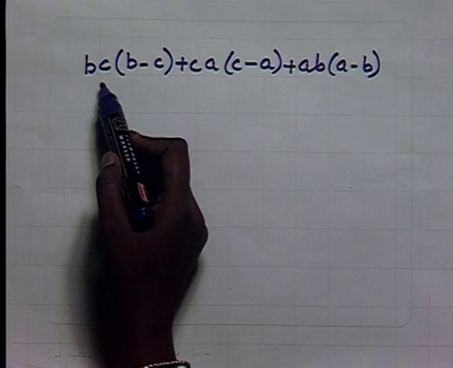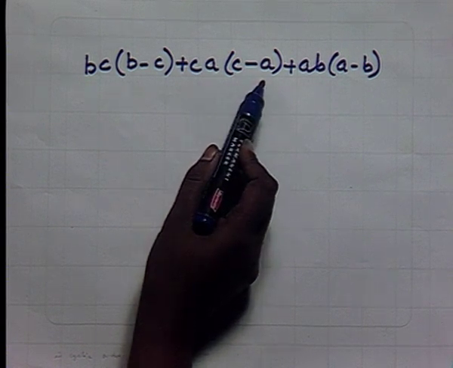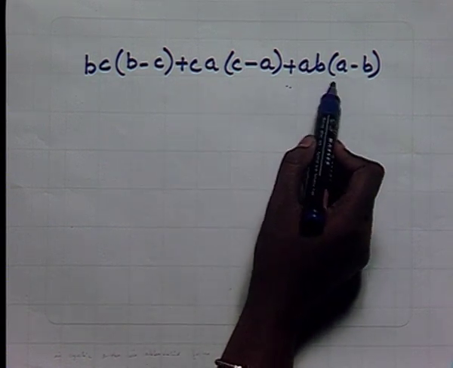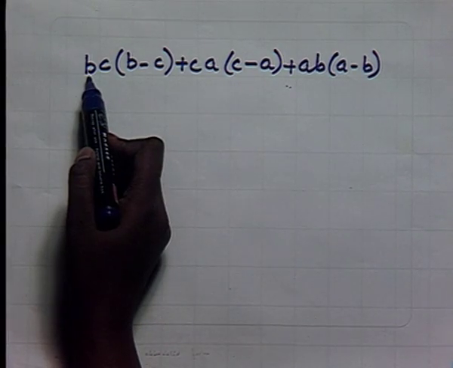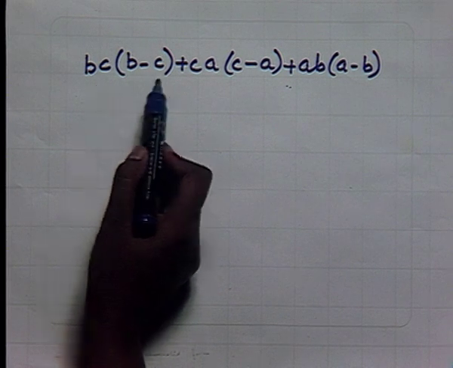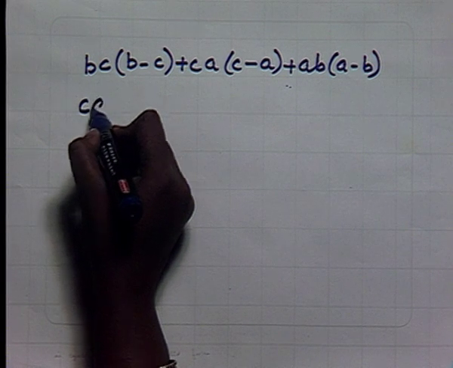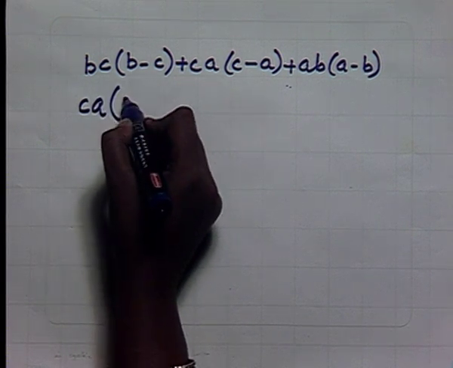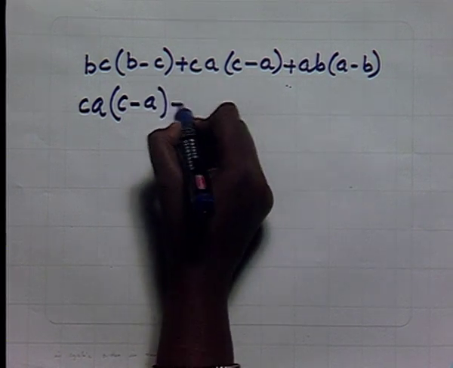Now, look at this expression BC into B minus C plus CA into C minus A plus AB into A minus B. Is this expression written in cyclic order? Let us see. Let us replace A by B, B by C and C by A in this expression. B becomes C, C becomes A, and this becomes C minus A, which is nothing but the second term.